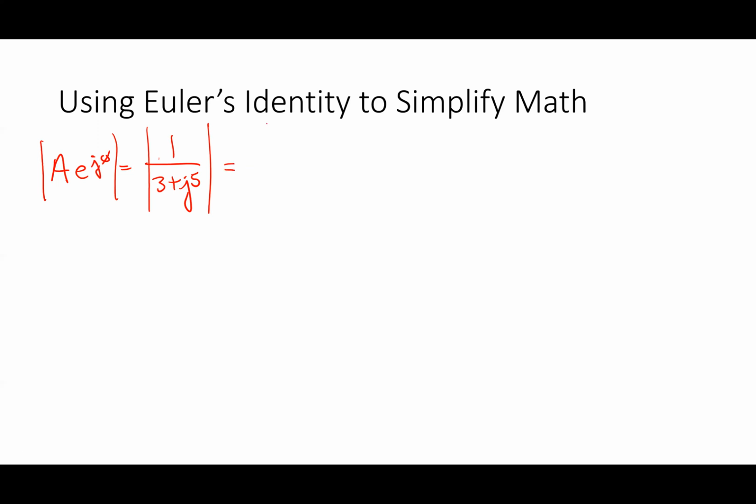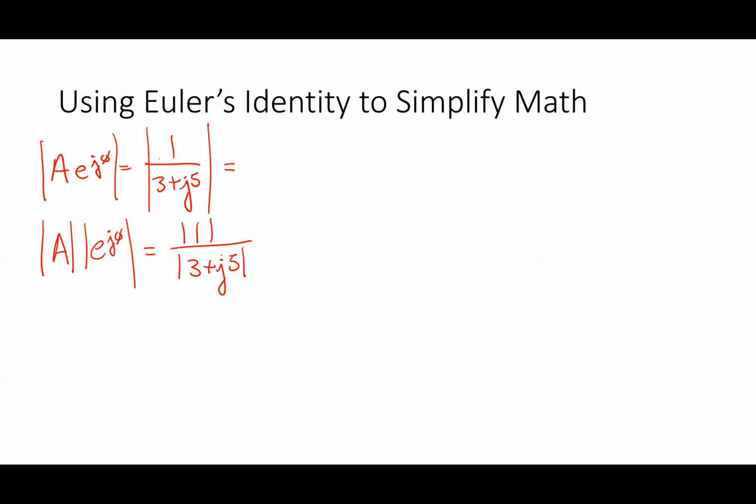Just to be clear, if I take the magnitude of two complex numbers multiplied by each other, it's the magnitude of A times the magnitude of e to the j phi. And over here it's basically multiplication, but really division, but they're the same thing. We use those parallel line bars to denote magnitudes.